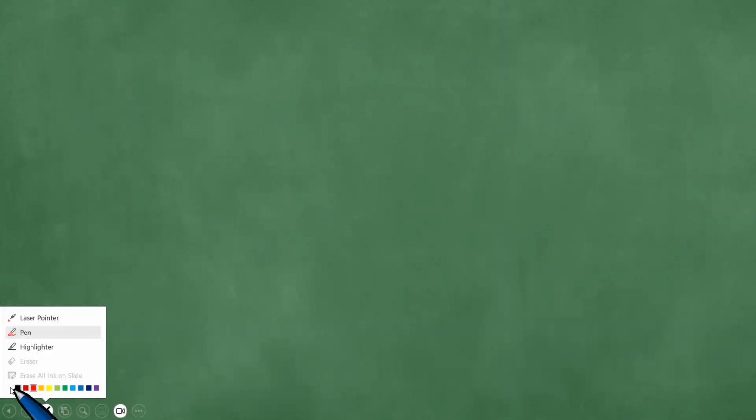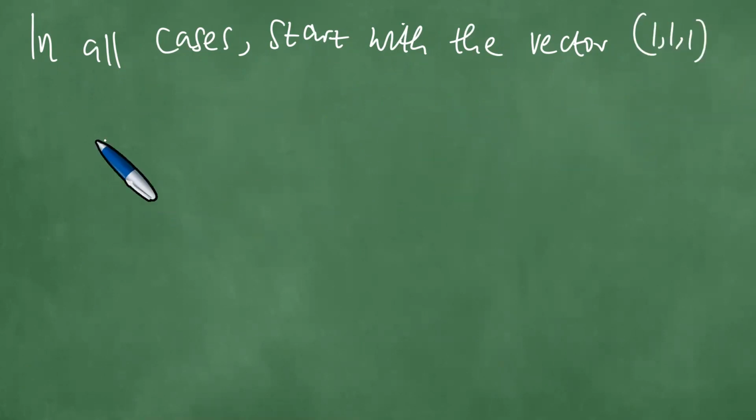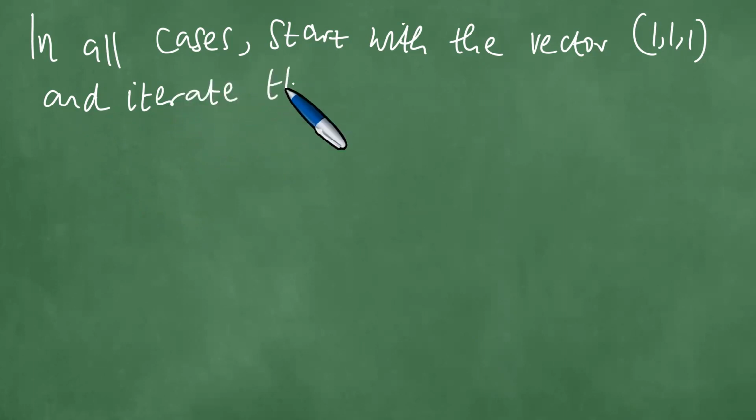Right, in all cases, start with the vector 1, 1, 1, and perform the iteration 3 times.